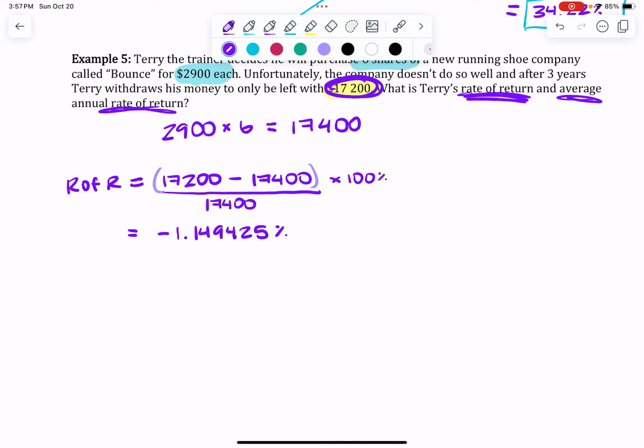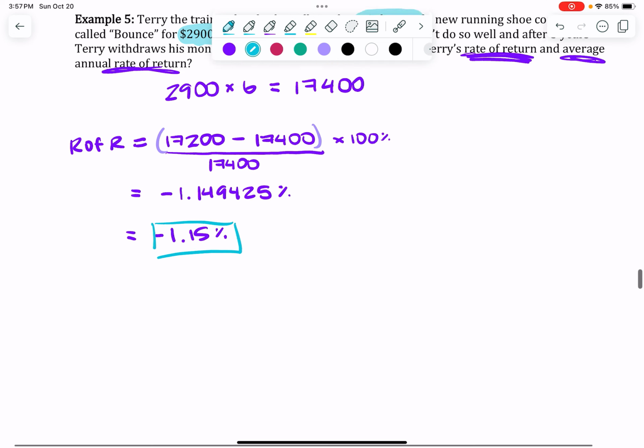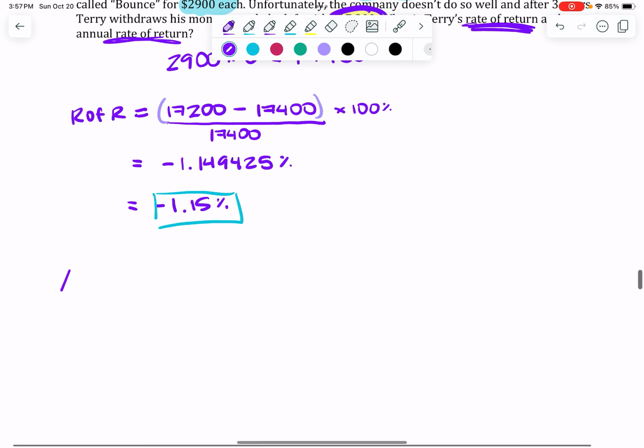Now, I will round it because I want 2 different answers. I want rate of return. So negative 1.15% is my rate of return. But I didn't round it right away because it's not my only final answer, and I want to use that non-rounded value for my other work. So I found part of my question, but I want to find all of it.